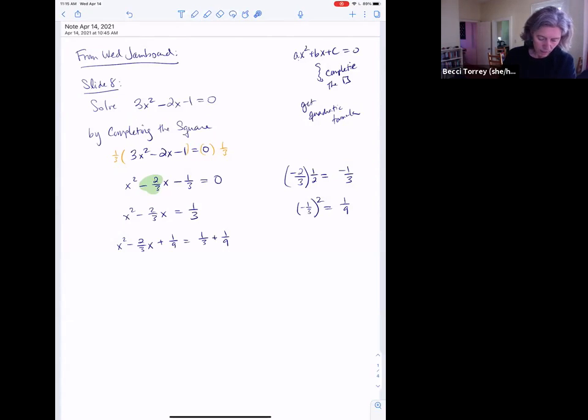The reason we're doing this sort of crazy thing, maybe I'll label this over here: this is the b value times 1/2, and this is that thing squared, and then we add it to both sides.